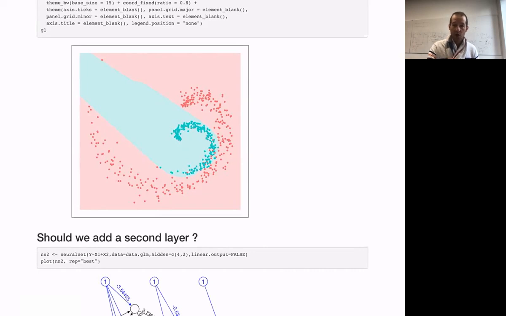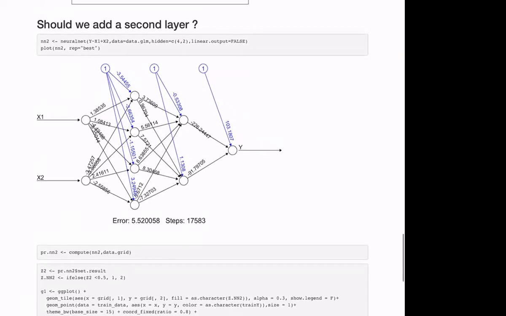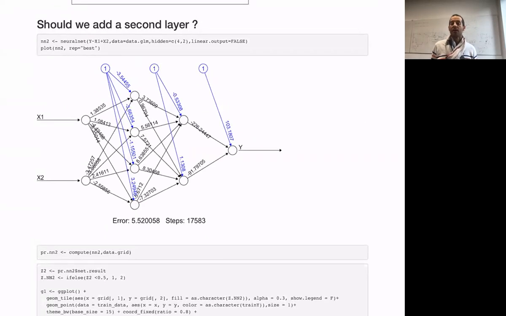I just wanted to play a little bit more with this. I add a second layer to see what is going on. So my model is more complex. It has the capacity to approximate some more complex relation between the input and the output.